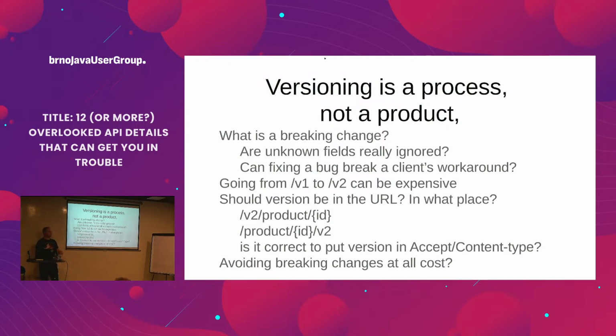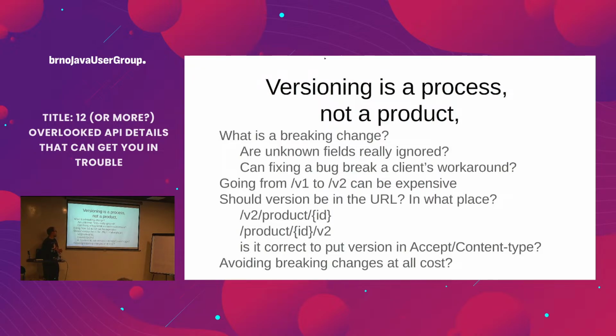And it's also about the balance, because maintaining multiple versions, the more you have, the more costly it becomes. It's really expensive. And what's actually incompatible can be different from the textbook definition in a specific situation. Sometimes just fixing a bug can break your clients.